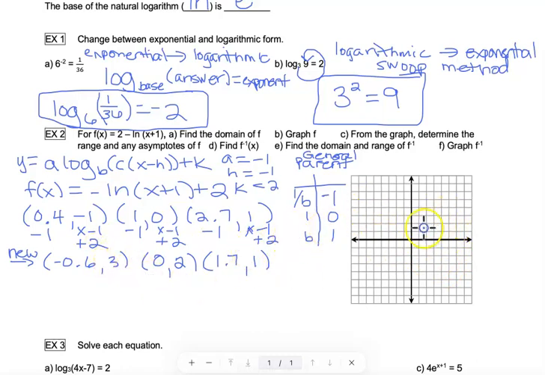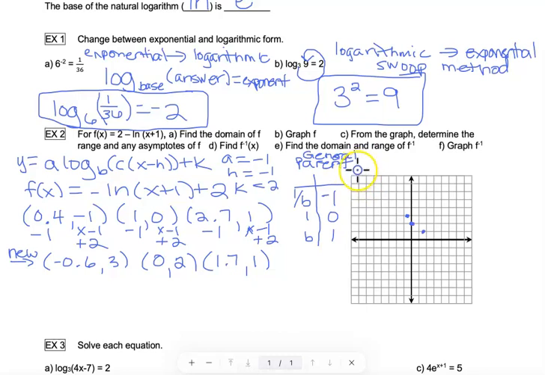So here's my original graph. So negative 0.6. So here's negative 1. So negative 0.63 would be right here. 0, 2. 1.71. So one of the things that we know about exponential functions is that they have horizontal asymptotes. Logarithms have vertical asymptotes, and your vertical asymptote is always going to be at x equals h.